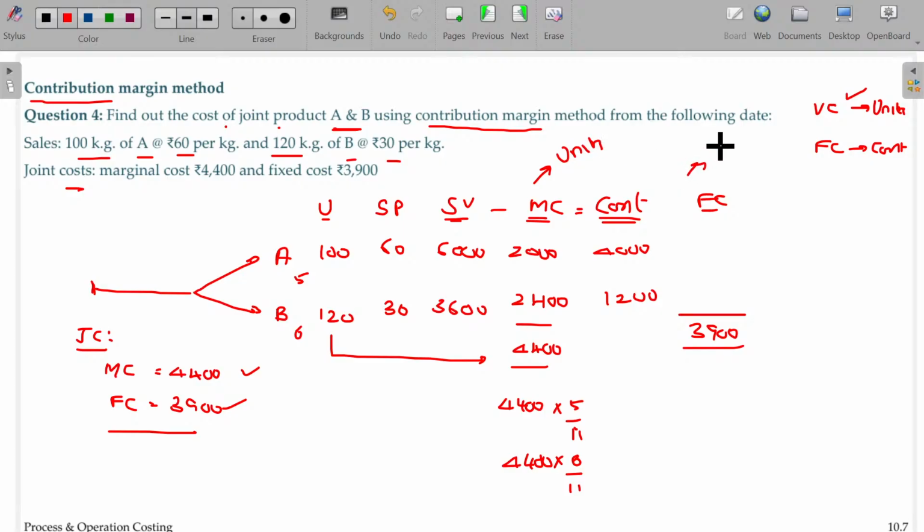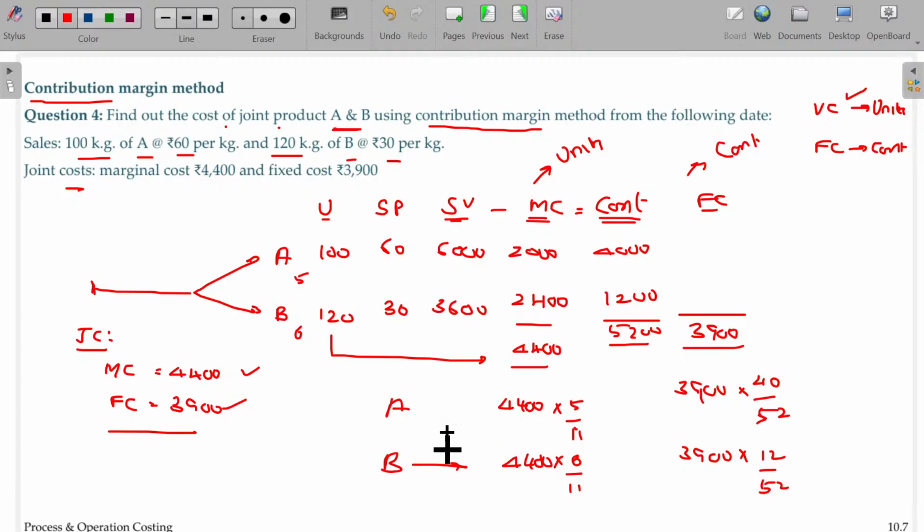So 3,900 into 40 by 52 for A, and 3,900 into 12 by 52 for B. You get 3,000 rupees here and 900 rupees here.